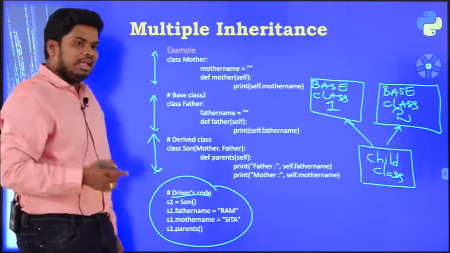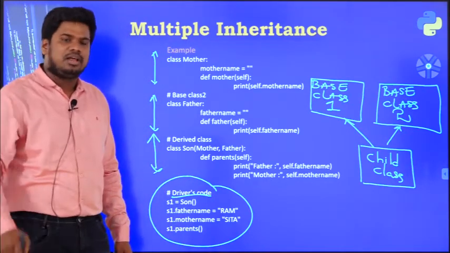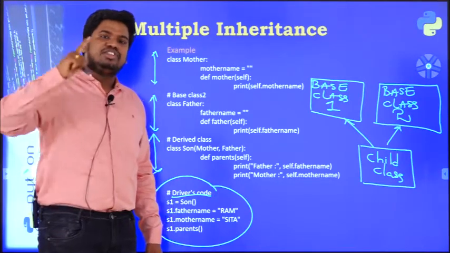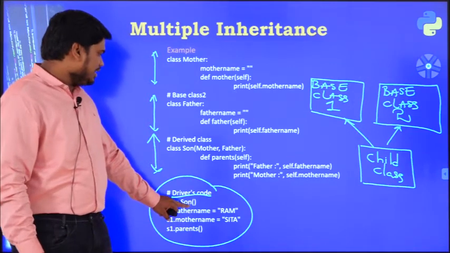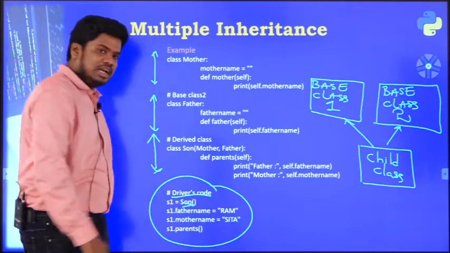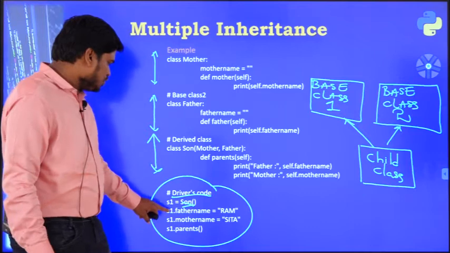Observe carefully. Whenever we go with the inheritance concept, I already told you that I have to create a child class object, isn't it? That is why here I have created a child class object, Son, and I have assigned it as S1.